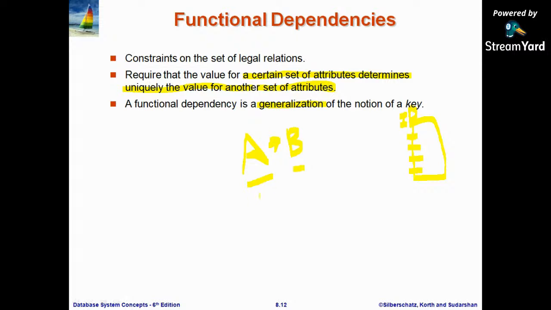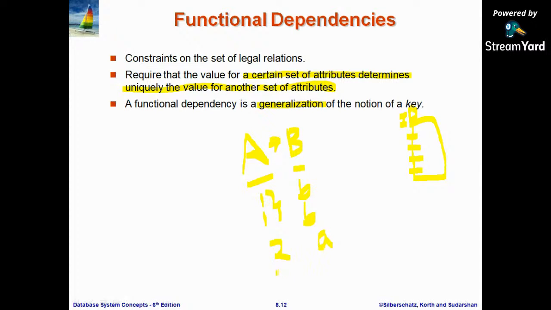It says that if in table A, you have an entry of field A as 1, then if the values are the same, the B value should also be the same. If you have a different value of A, then B can be different.